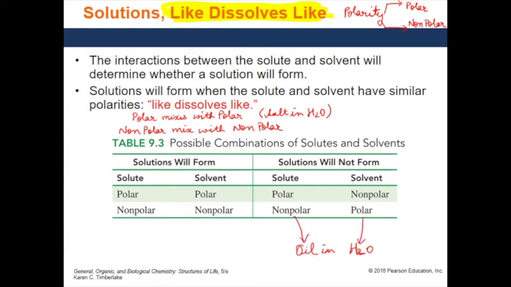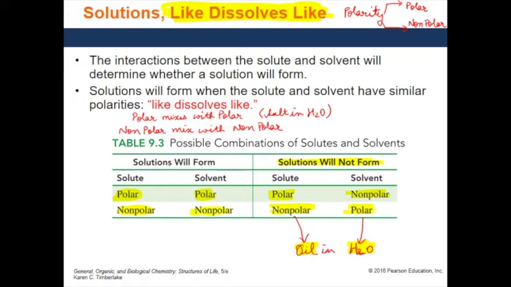If you try to mix unlike molecules together, for instance a non-polar solute with a polar solvent, a solution will not form. Similarly, if you do vice versa, where your solute is polar and solvent is non-polar, the solution will not form. Only like molecules mix with each other. Unlike molecules do not. Here, oil is non-polar, water is polar, so they are unlike molecules. But if you mix a polar solute with a polar solvent, or a non-polar solute with a non-polar solvent, they will mix.